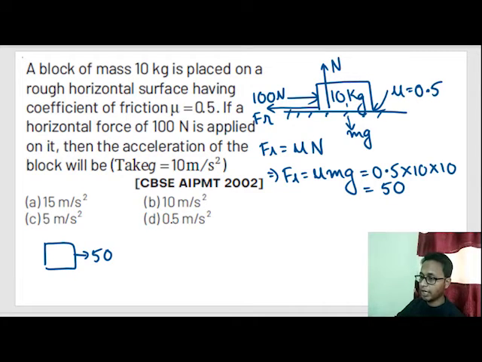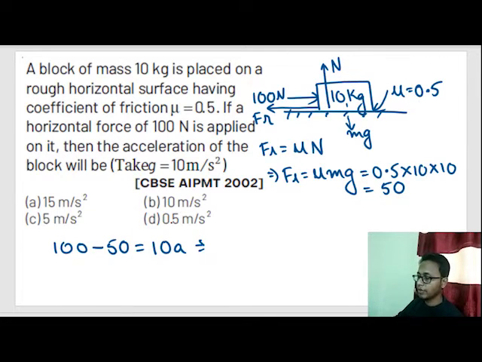Okay, so 100 minus Fr, which is equal to 50, is equal to m into a, or 10 a, or a is equal to 5. Okay, when this force of 100 Newton exceeds the maximum value of mu n, that means the block begins to move.